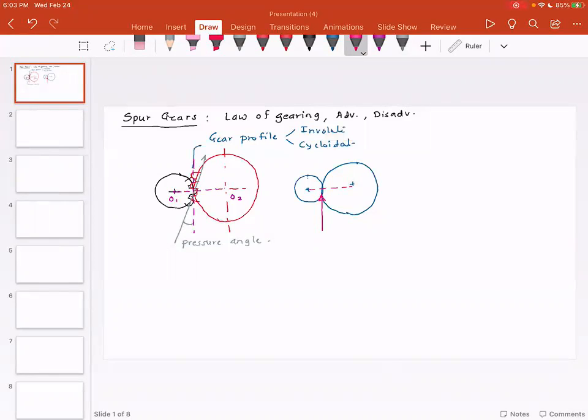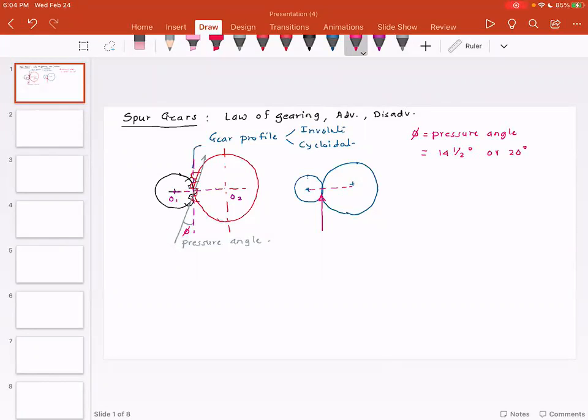But in the case of gears, that line is going to make a certain angle, and that angle is called phi, and this phi is the pressure angle. Typically, you would have 14.5 degrees or 21 degrees of pressure angle.